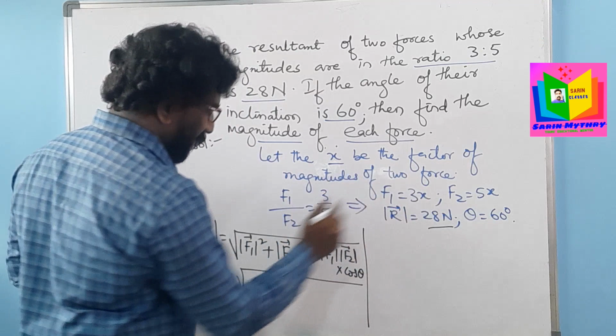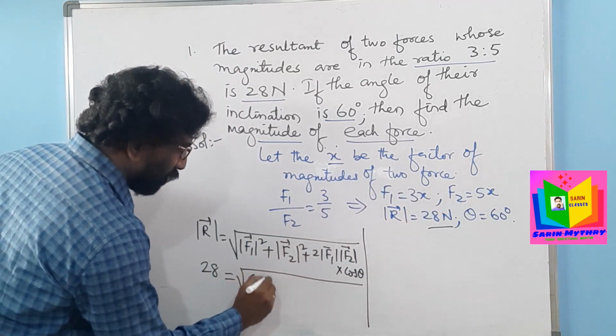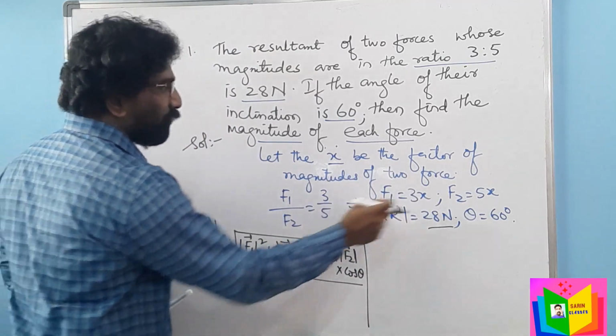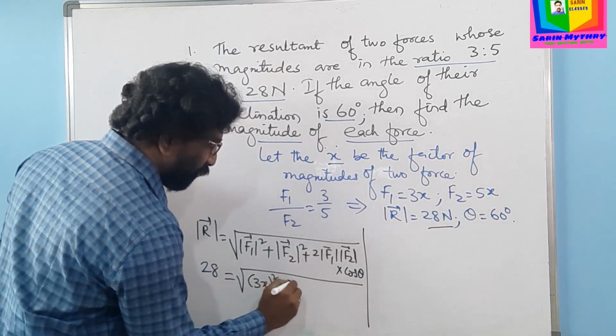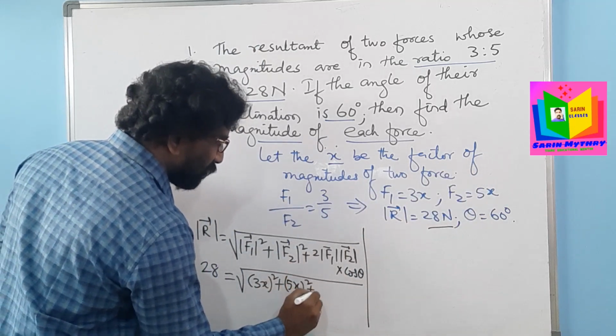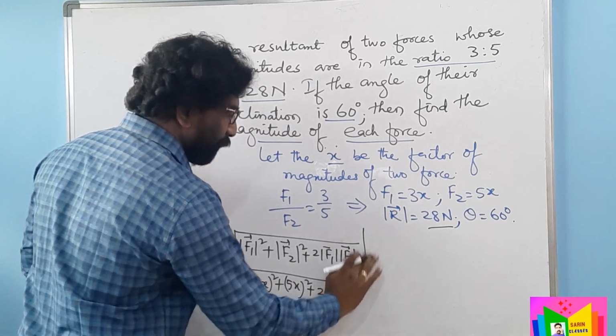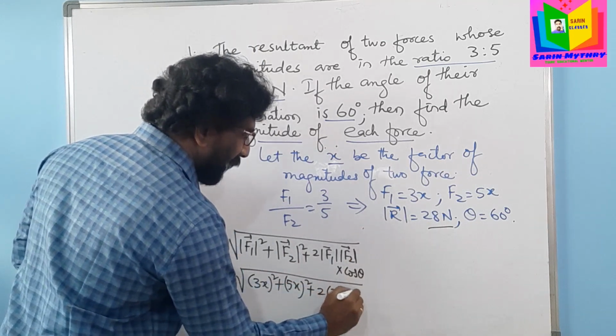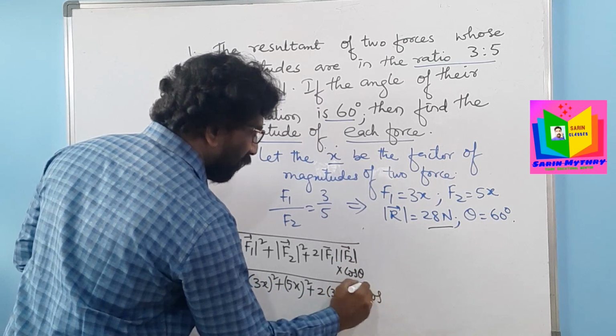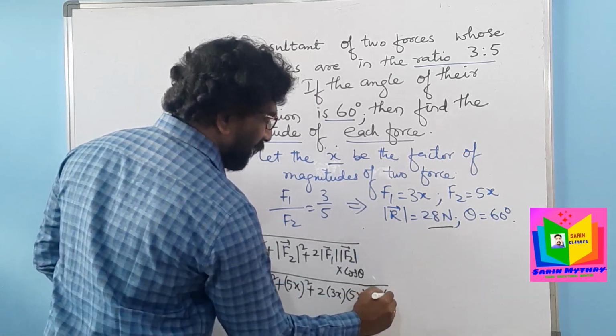what is F1? F1 is equal to 3x. So it becomes 3x whole square plus what is F2? 5x square, plus 2 times 3x into 5x into cos theta. What is theta? 60 degrees.